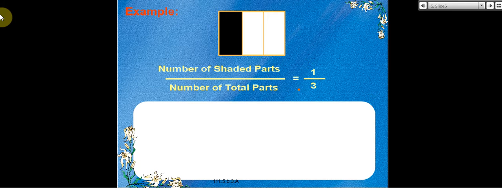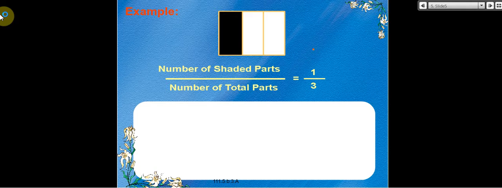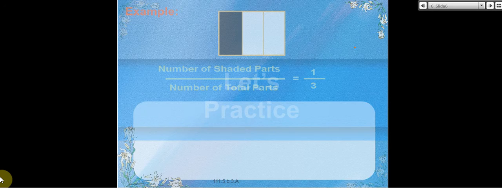Here's one example. What is the fraction of the number of shaded parts and the total parts? If we talk about the number of shaded parts, it's 1/3. Let me show you another example.